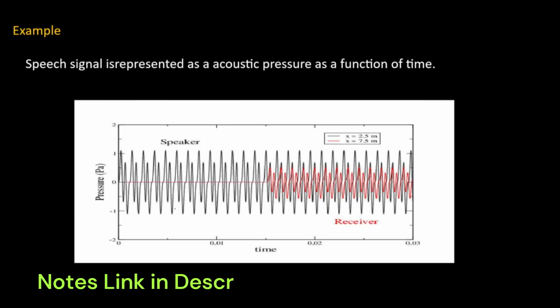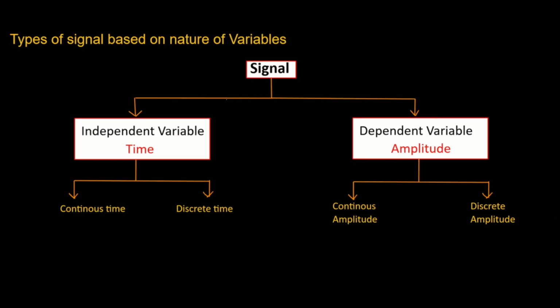Here I am having a speech signal where on the x-axis I am having time and on the y-axis pressure. So the speech signal is represented as acoustic pressure as a function of time. Based upon the time, my pressure is changing.